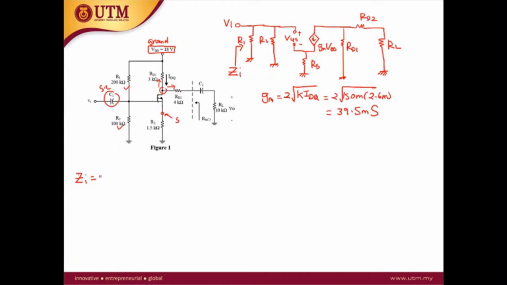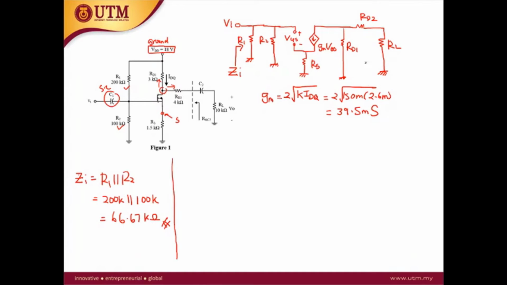Okay. So Zi is equal to R1 parallel with R2. So R1 is 200K parallel with 100K. So this calculation will give you 66.67 kilo ohm. This is the answer for the input impedance.